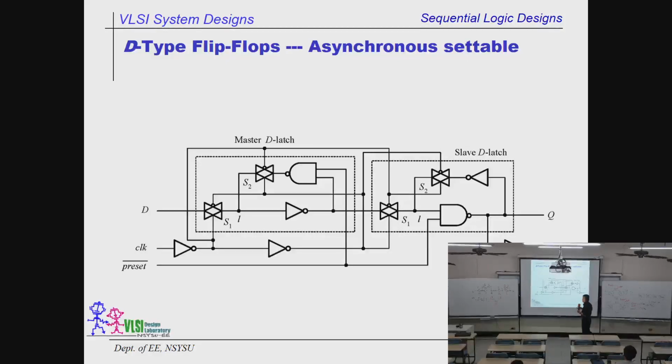So the contents of this flip-flop will be automatically written to 1. So this is all you have to change: replace these 2 inverters with 2-input NANDs, and one of the inputs is shorted to the preset, and that will do it. This is called a synchronous settable design.